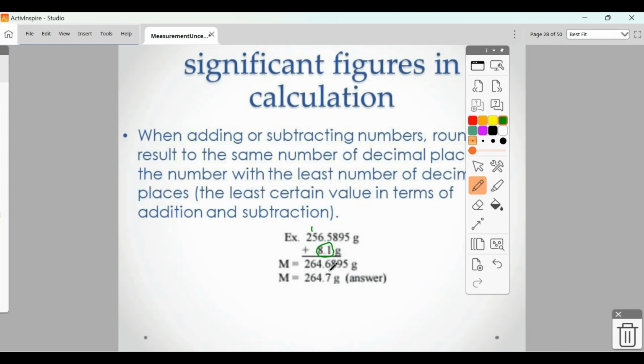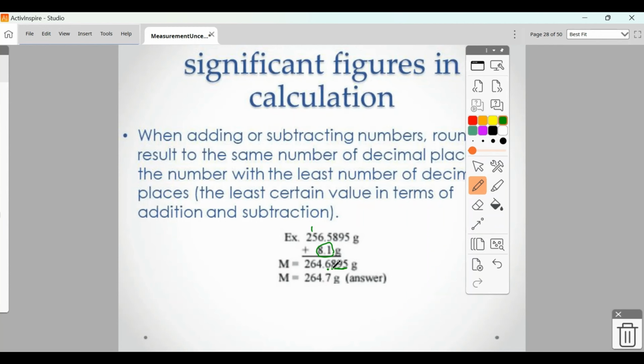So my answer should be with one decimal place. But I have four decimal places. So what do I do to the rest of the numbers after the 6 here?